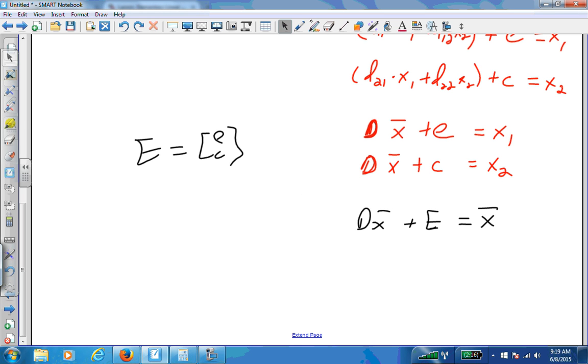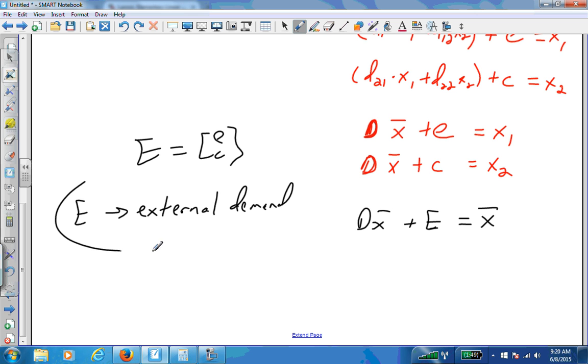Okay, again, just for a little clarification, E, that's the external demand, and that's generally what we're going to be given. The market needs so many units of electricity to run all the houses, businesses, and so on in the network. It needs so many units of coal to make the iron, to make the charcoal, make the different coal products in the production system. So these are what the external demands are.